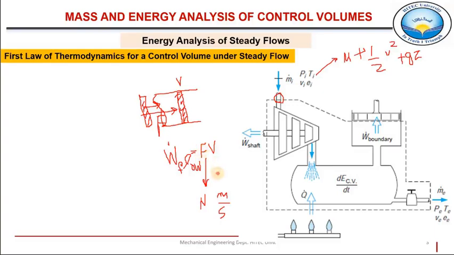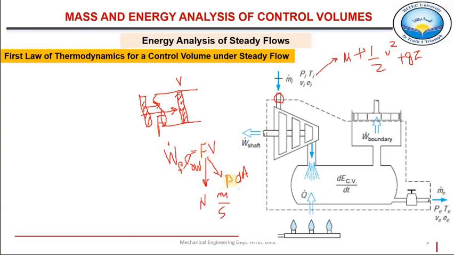And what is this force? This force can be written in terms of pressure and area. For example, this force can be written as P into differential area dA, which can be integrated over this whole cross-sectional area, over which this force is acting.